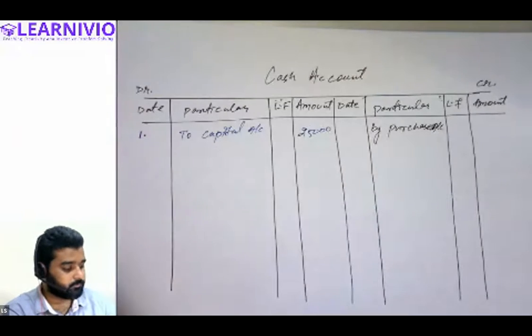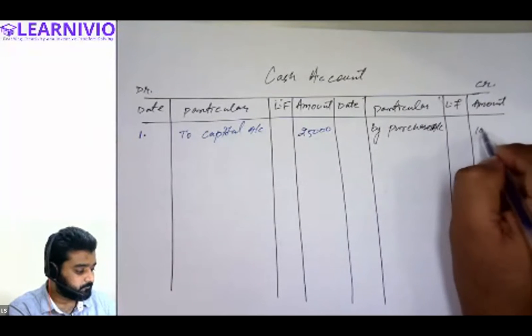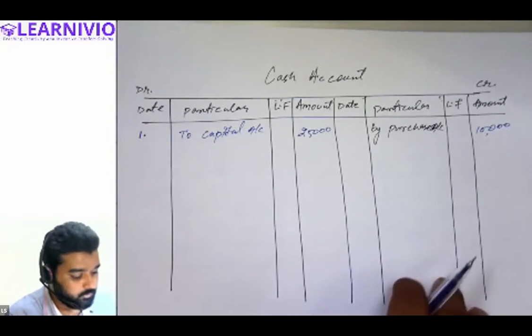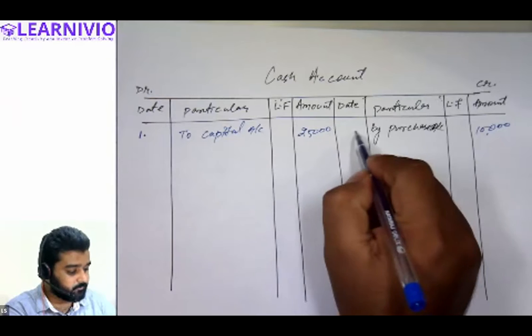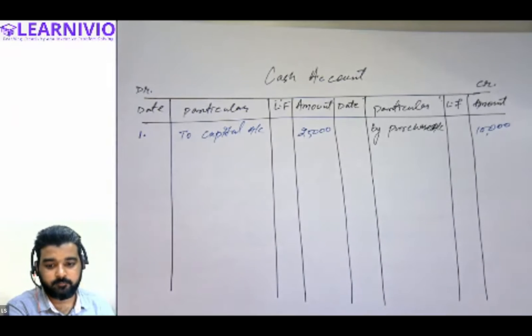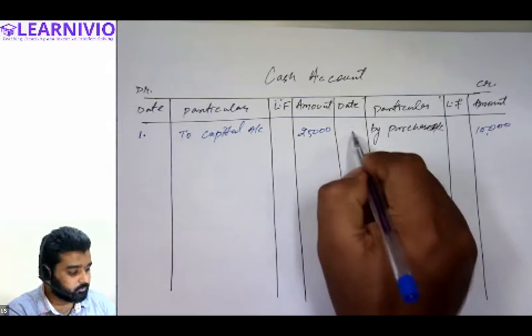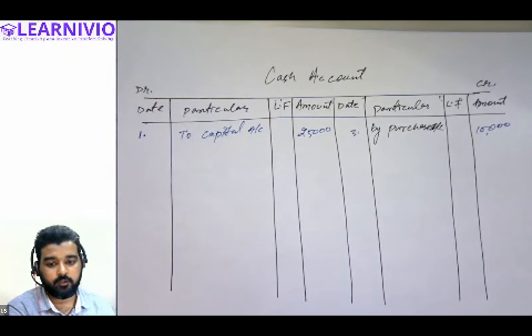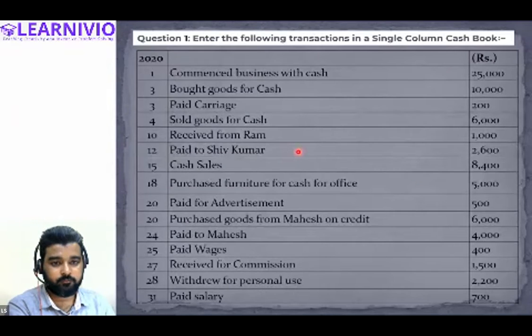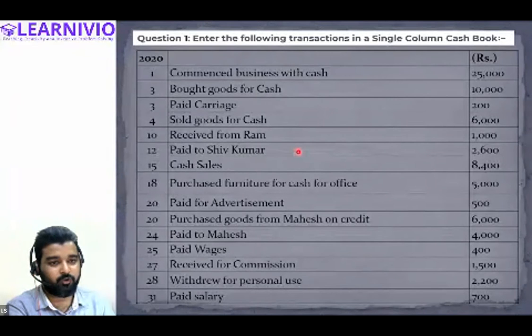All right, everyone. This has taken place on which date? On the 3rd. After that, paid carriage. Carriage is what? Carriage is a kind of expense. So when you pay the carriage, what will happen? It will lead to the cash outflow.